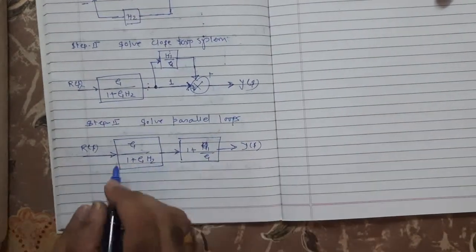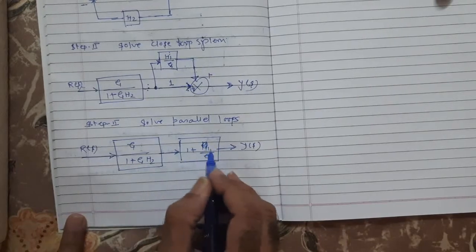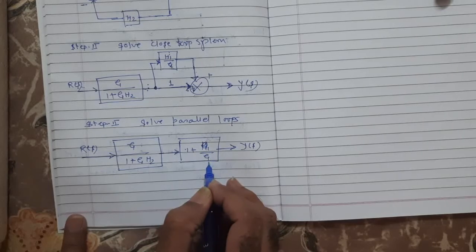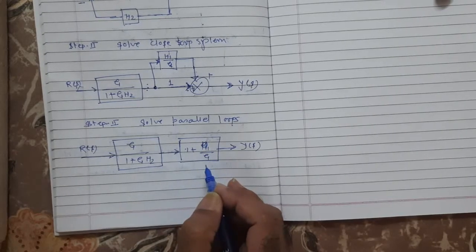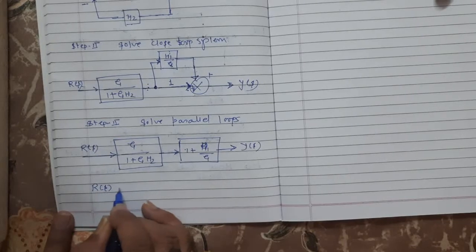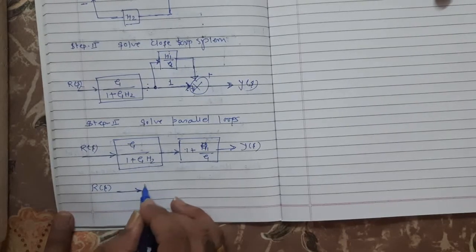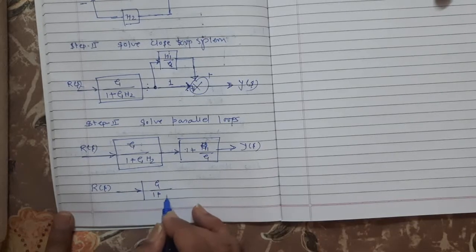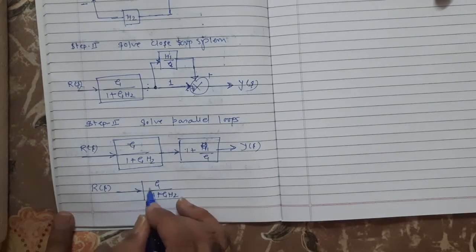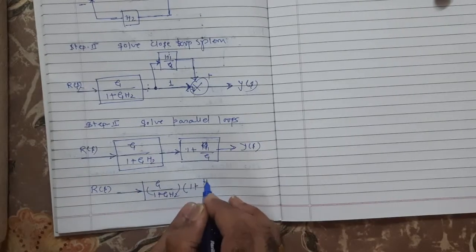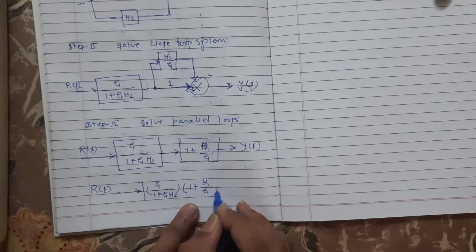So this becomes, we can solve this one. This is G plus H1 divided by G. Okay, so this is R of s, this is our input, and then this is G divided by 1 plus G into H2 multiplied by 1 plus H1 divided by G.